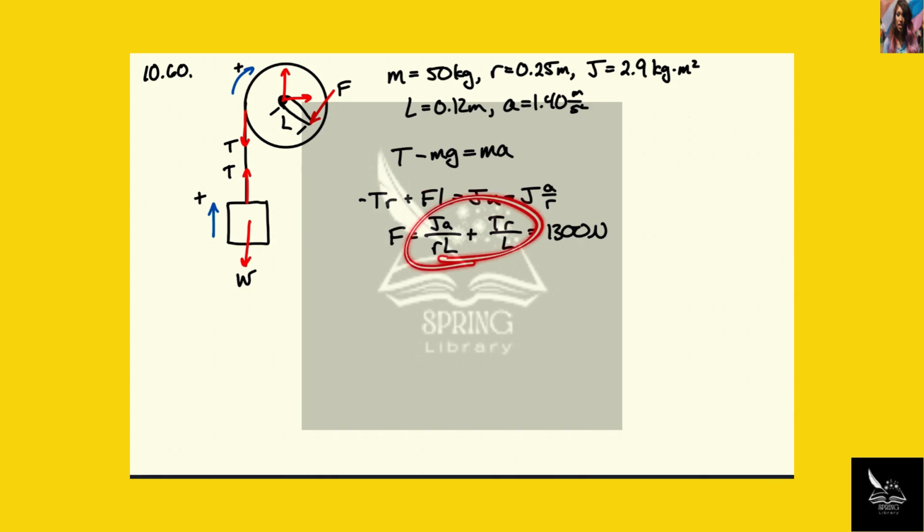If we calculate all this out, we know everything else, and T is just m times g plus A. We get that the force we need to apply to this crank is 1,300 newtons.